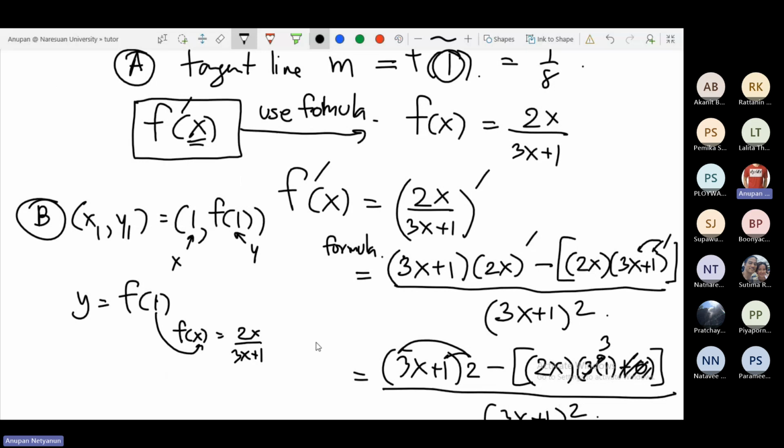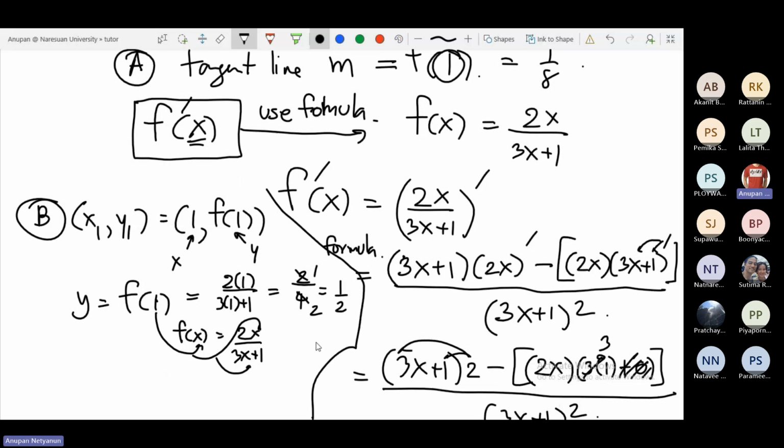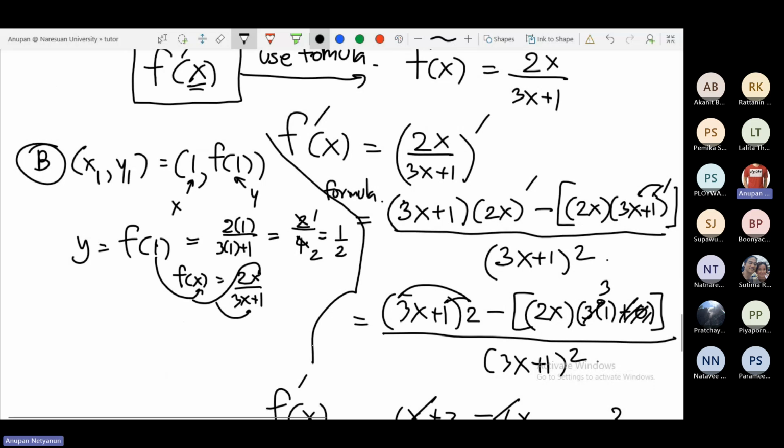So you have 2 times 1 over 3 times 1 plus 1, which is 2 over 4, and you can reduce to 1 over 2. So that means (x1, y1) is x is 1, y is 1 over 2.